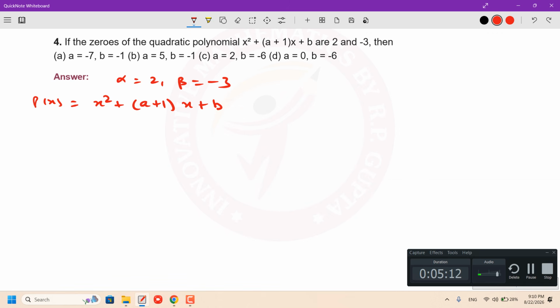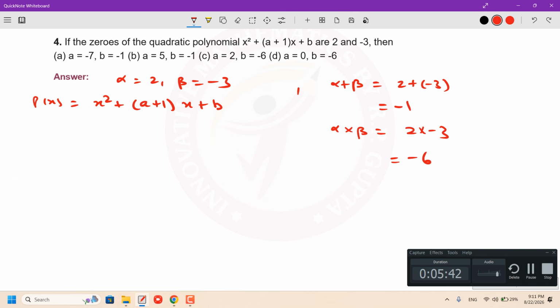Alpha plus beta and alpha into beta we can find. Alpha plus beta is equal to 2 plus minus 3, that is minus 1, and alpha into beta is 2 into minus 3, which is minus 6.